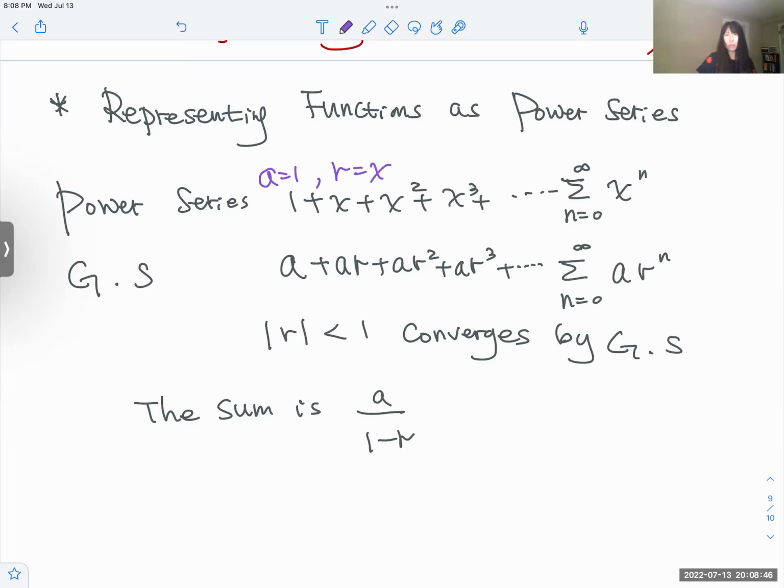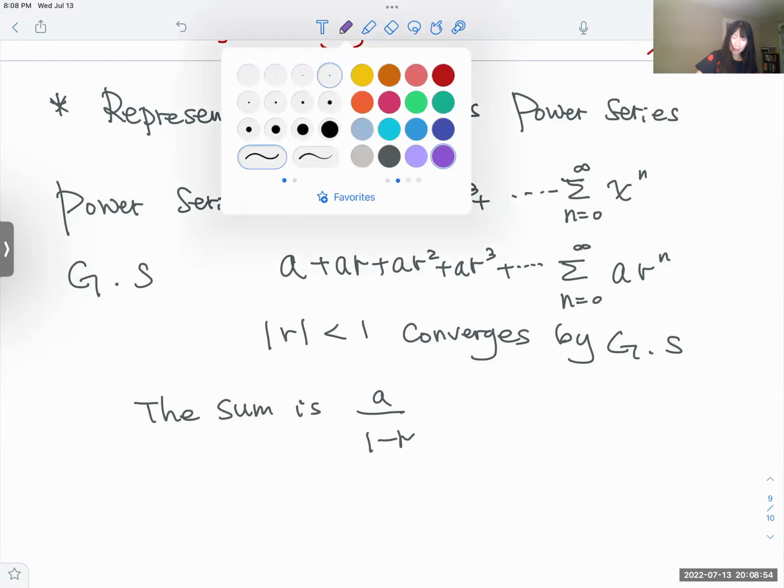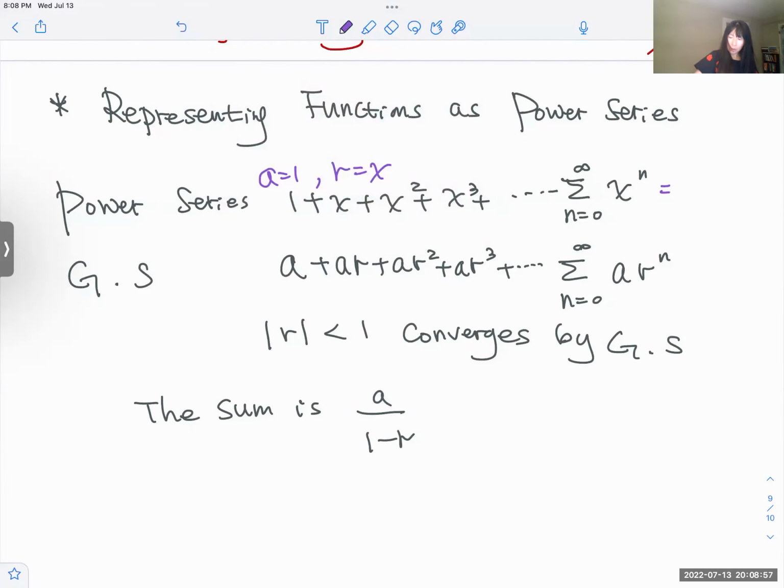So I want to write this format: the sum is a over 1 minus r, which is 1 over 1 minus x. Since the absolute value of r less than 1 converges, we can say the absolute value of x less than 1 converges as well.